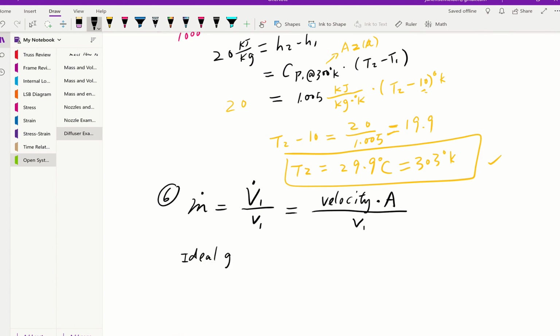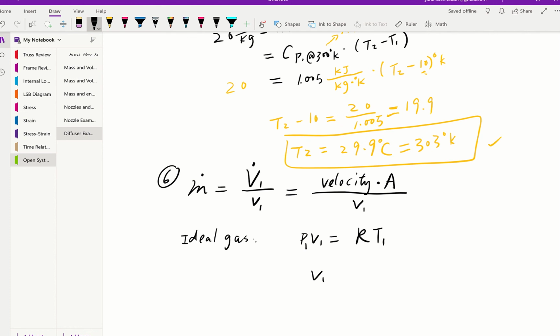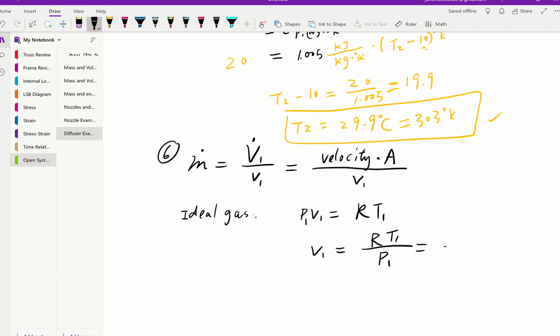So we're thinking about what the ideal gas equation is, right? If it's an ideal gas, that will be equal to P small v equals RT, and we're going to add subscript state 1, which is the inlet. So specific volume for the inlet is going to be equal to RT1 over pressure. Now let's take a look. R for ideal gas is 0.287 kilojoule per kilogram per Kelvin.